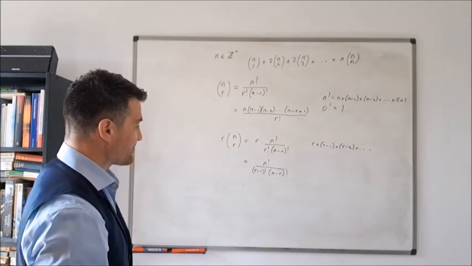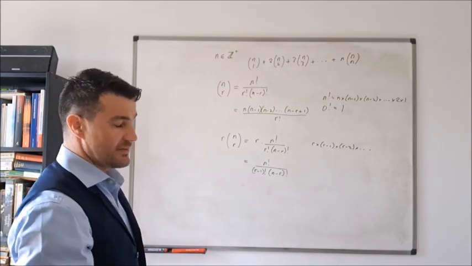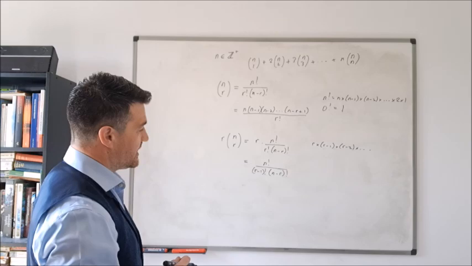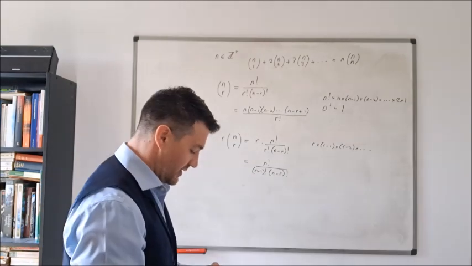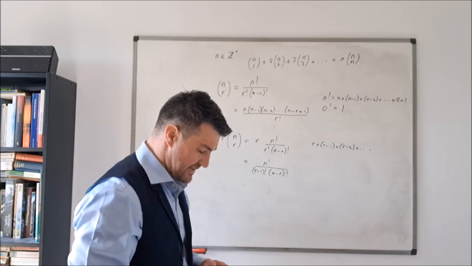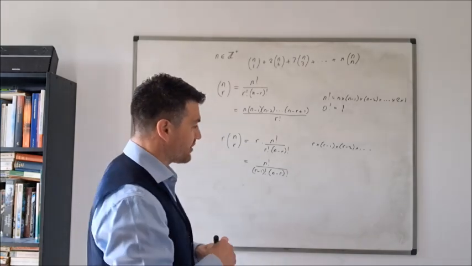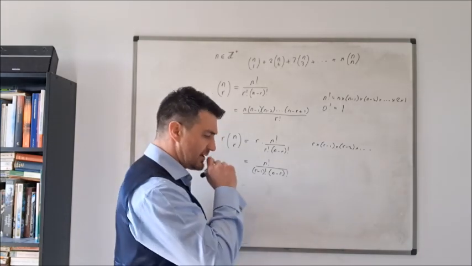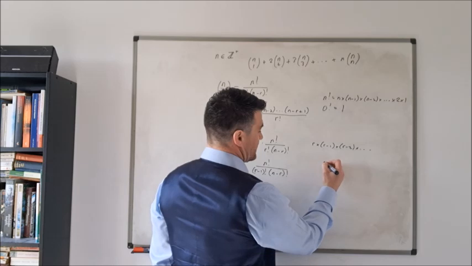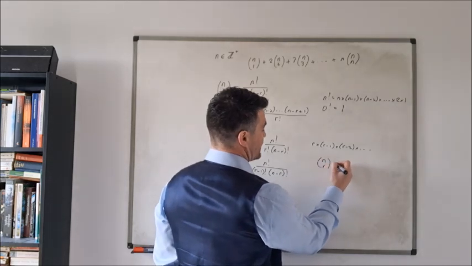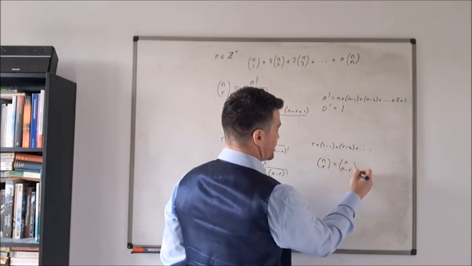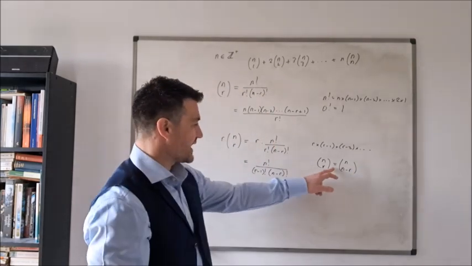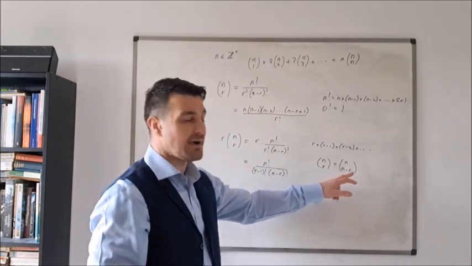Okay? And at this point, something else triggered in my mind. I can't remember which property it is. I think it's when you want to prove, for example, that the binomial coefficients are symmetrical in the sense that n choose r is equal to n choose n minus r.